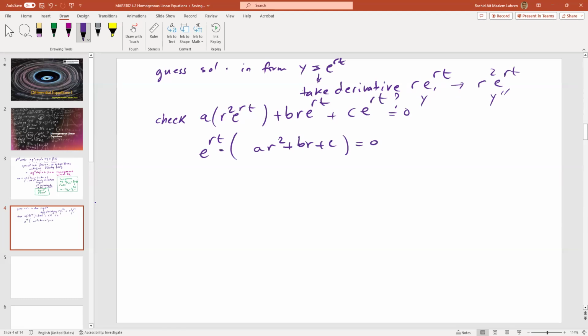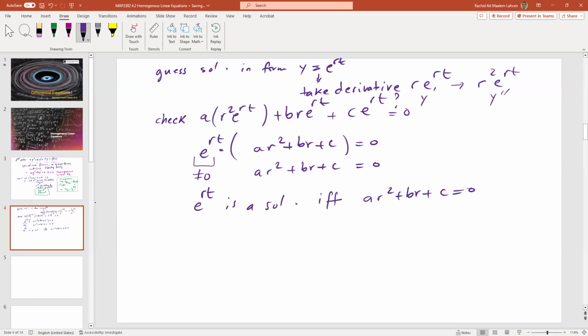And of course, we know from the exponential function that e^(rt) cannot be 0, so we can divide by it, and this gives us 0, which means that e^(rt) is a solution if and only if a r squared plus b r plus c equals 0.